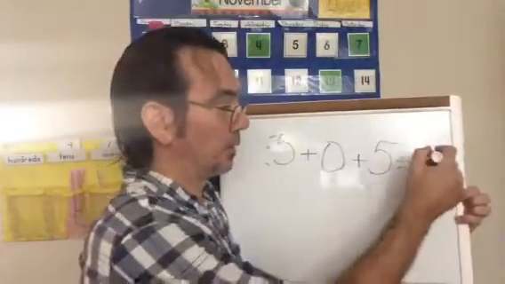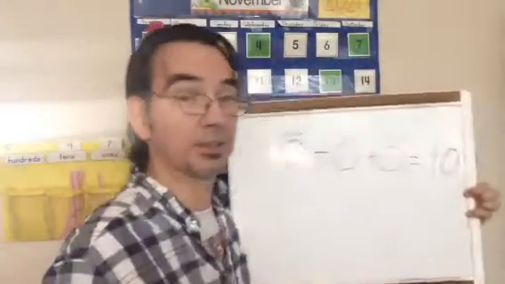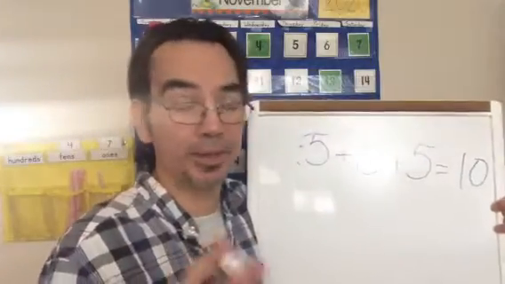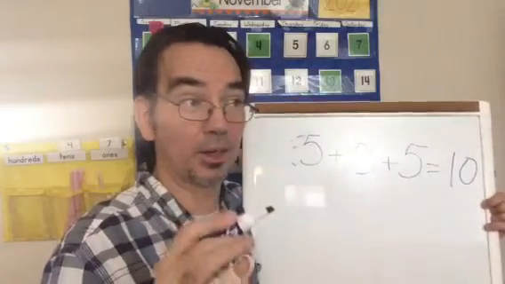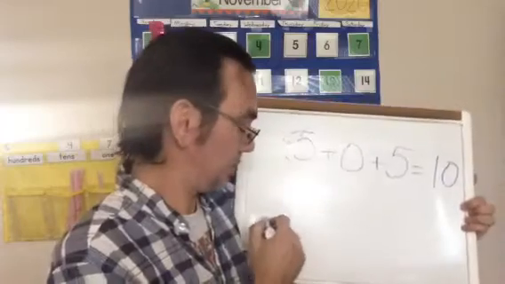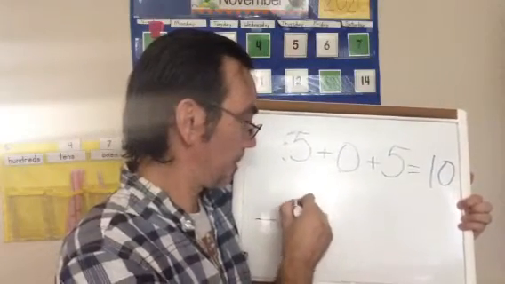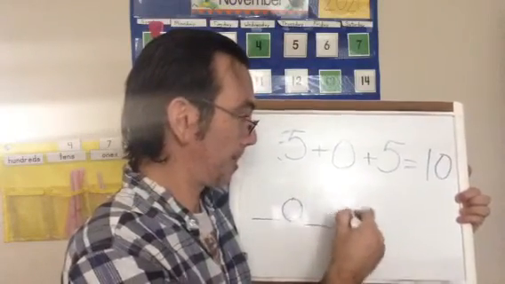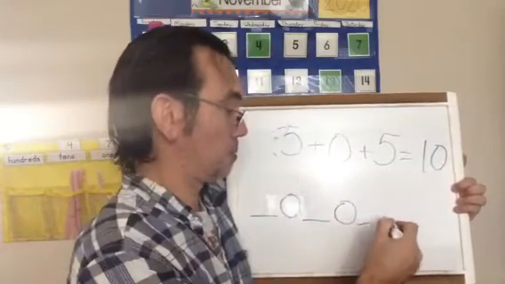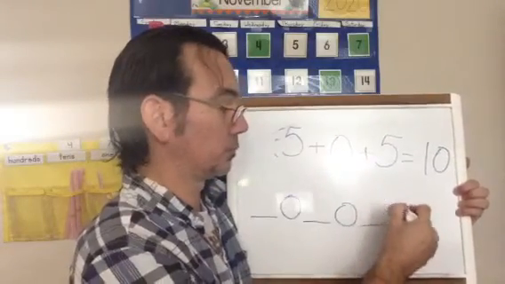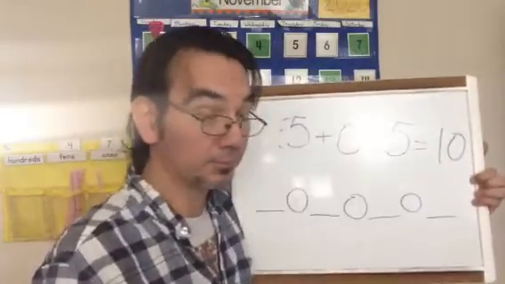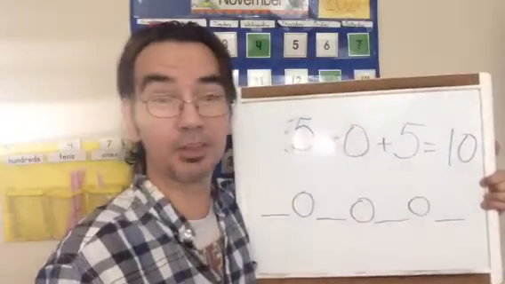And as always, we want to make sure that we write out the number sentence. Now, the work you're going to be doing today, the number sentences are going to be set up like this. And you're thinking, what is going on here?